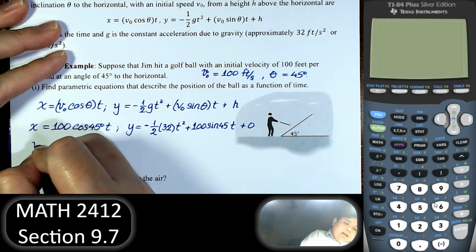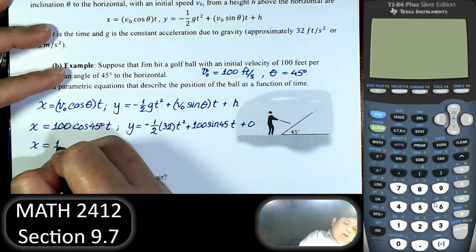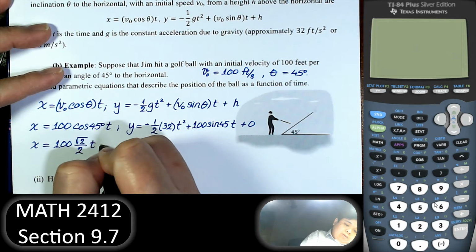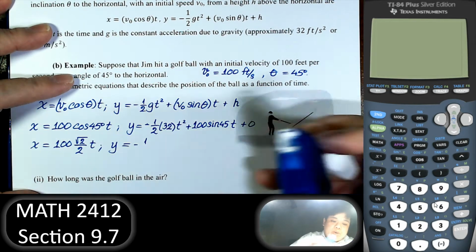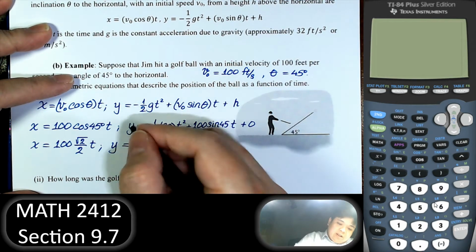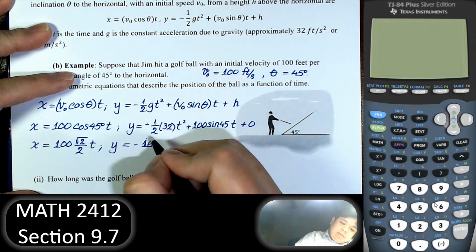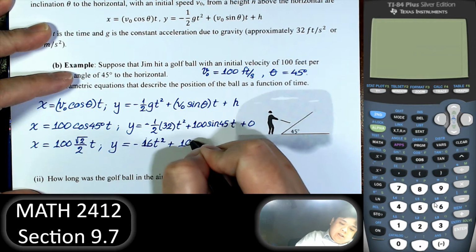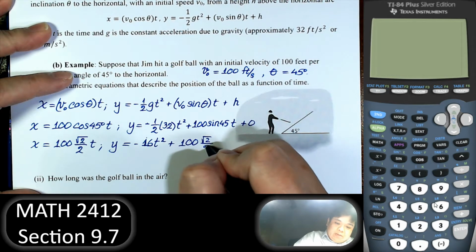Right, and then 100 cosine 45 degrees is square root of 2 over 2, and y equals negative 1/2 times 32, which is 16 t square, plus 100 sine 45, once again square root of 2 over 2 t.